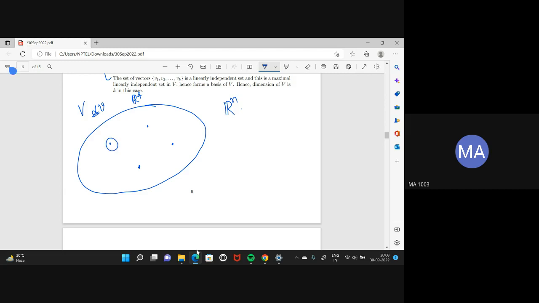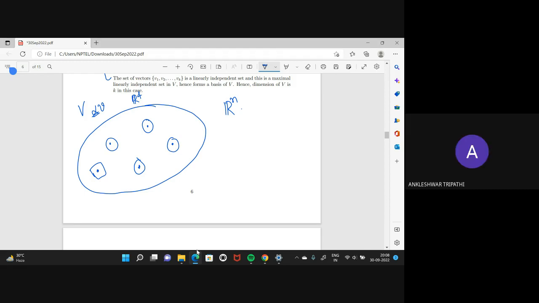You are picking 4 elements that form a basis, right? Yes, ma'am. What does this basis tell you about the vector space? Within that confined space, the minimum number of elements required.